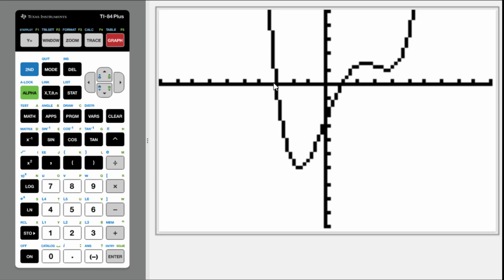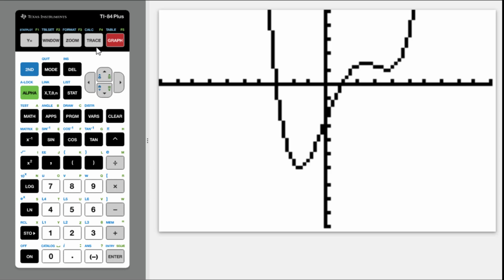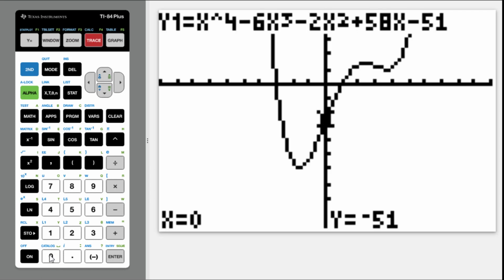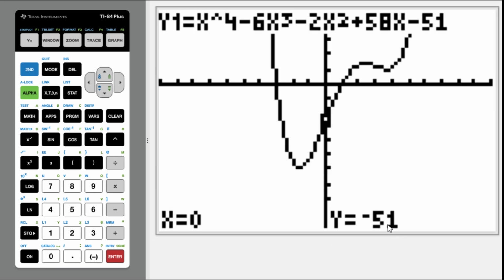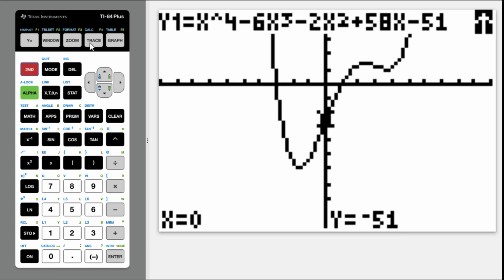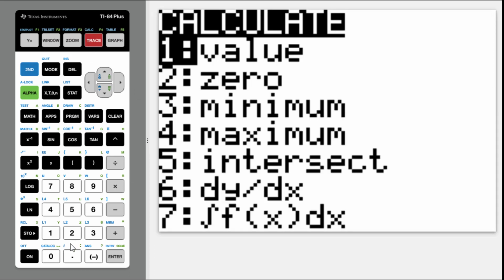We already figured out the zeros, negative 3, 1. For the y-intercept, go to trace. We put 0, enter, negative 51. For this minimum, second trace, go to 3.